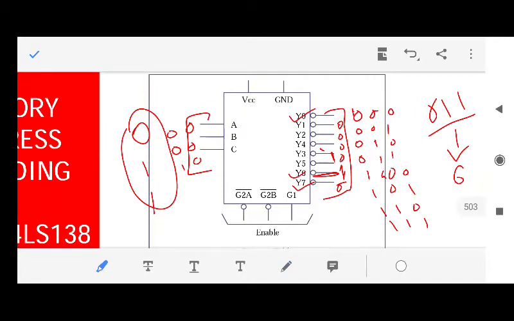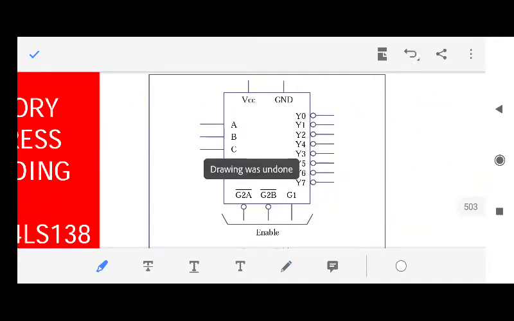Whoever has studied digital circuits and systems knows how the decoder works. But for new people, you can understand it like this: whatever is the value of the input pins, the corresponding output pin would become high.